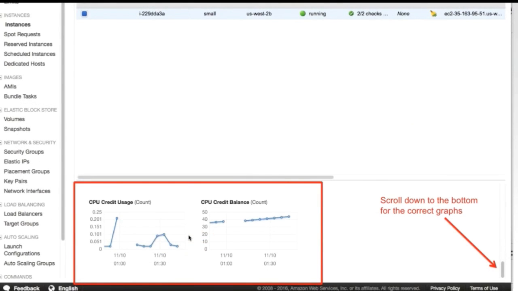And the two bottom charts are CPU credit usage and the CPU balance. But if you look at these, basically the balance is the one where you've got how much in the bank, and once again it tops out at 288. Any credits you earn above 288 just go away, right? You don't retain those. You can't build a bank account of thousands of credits. The usage is kind of your rate of change, right?